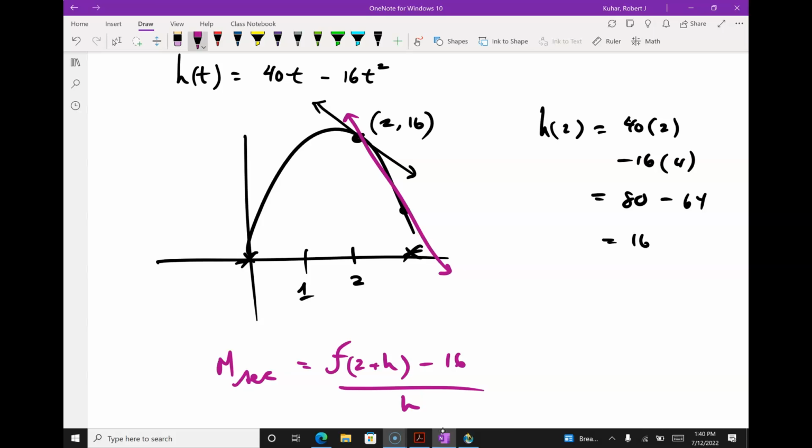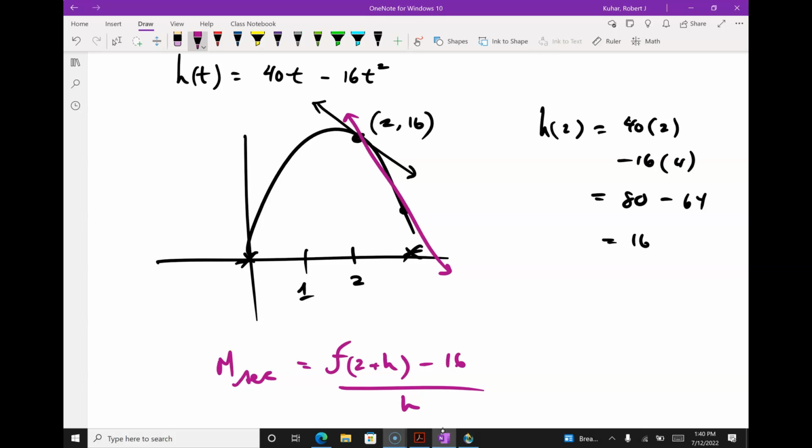What's that? Yeah. So the point I know is 2 comma 16, yes? And the point I don't know is h later, right? So 2 plus h is this point. 2 plus h.